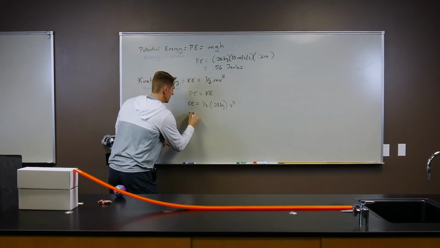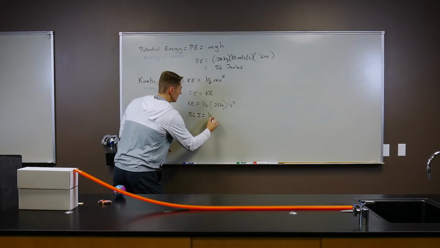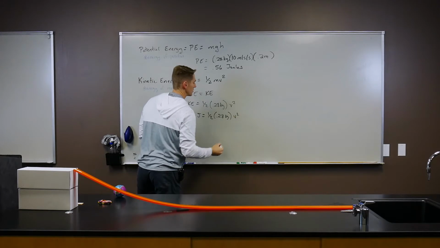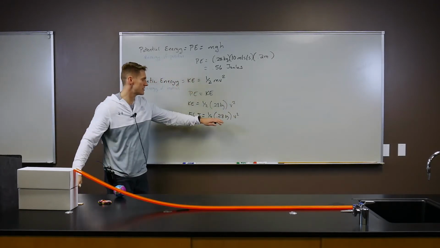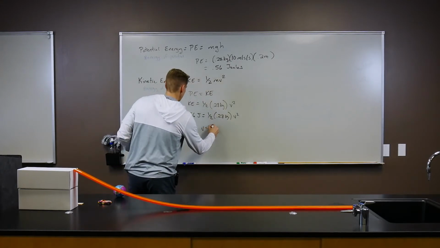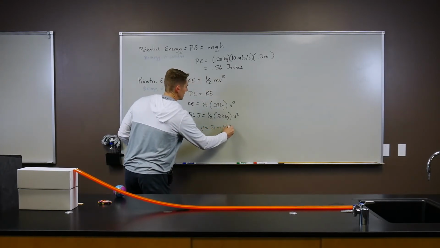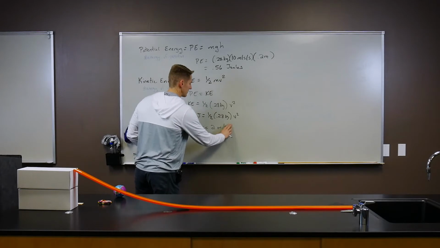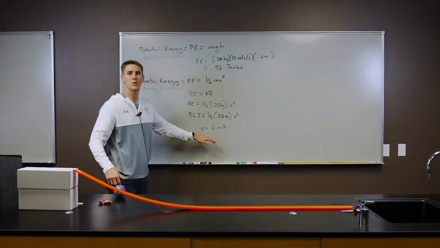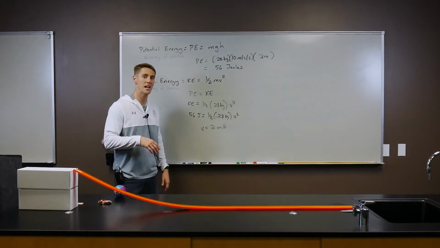So 0.56 joules equals 1/2 times 0.28 kilograms times v squared. If I divide both sides by these numbers and take the square root, I get a velocity of 2 meters per second. All right, so 2 meters per second, where we observed about 1.5 meters per second.